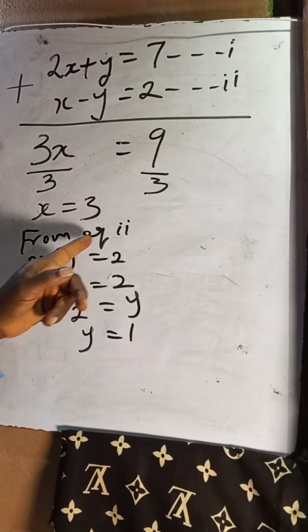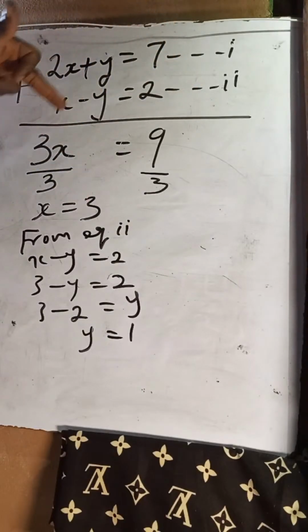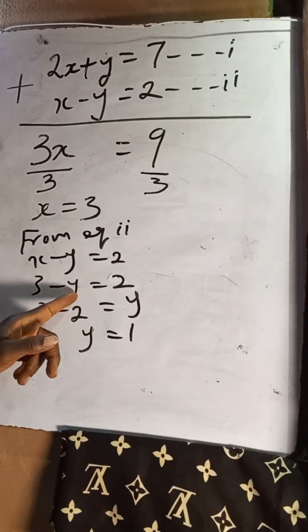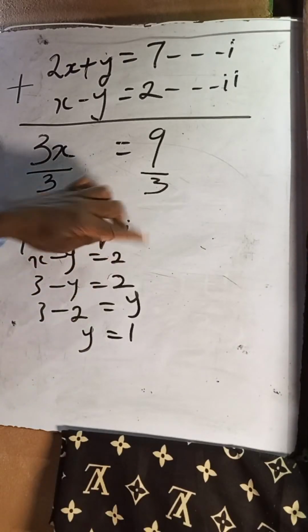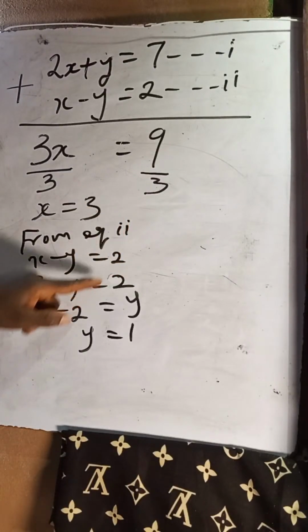Then from equation 2, we are going to substitute x equals 3. So we have 3 for x, minus y equals 2. So that gives 3. Bring this 2 to the left-hand side. That becomes minus 2.